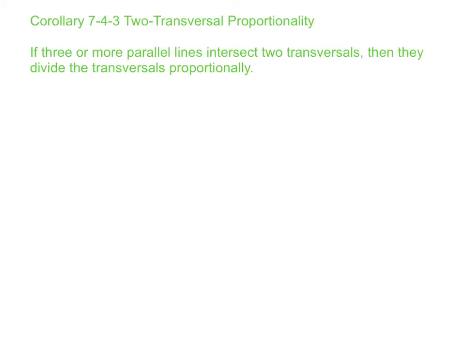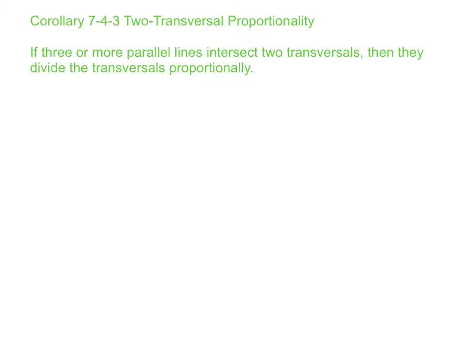So we have corollary 7-4-3, which is called the two-transversal proportionality corollary. What it says is that if three or more parallel lines intersect two transversals, then they divide the transversals proportionally.